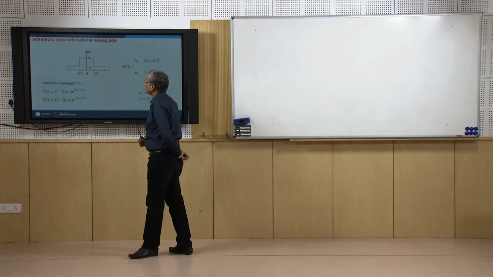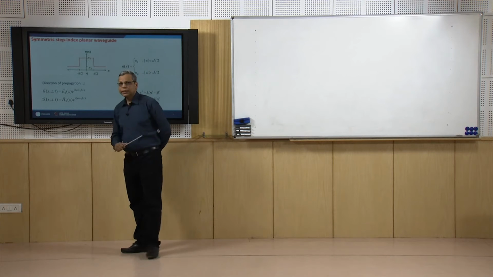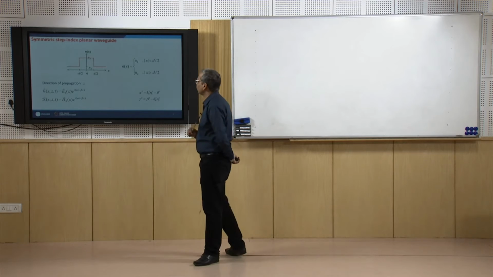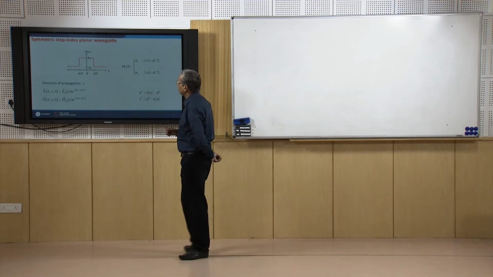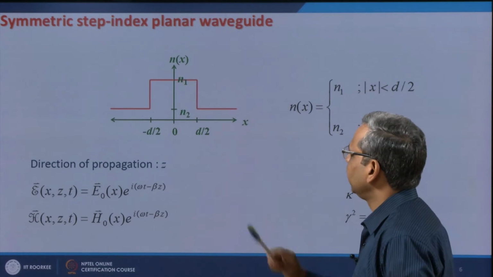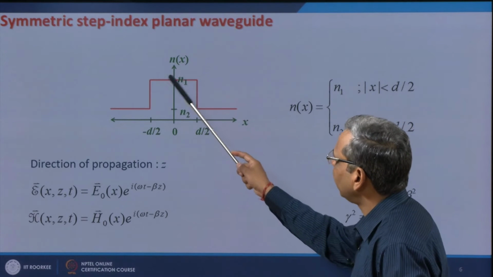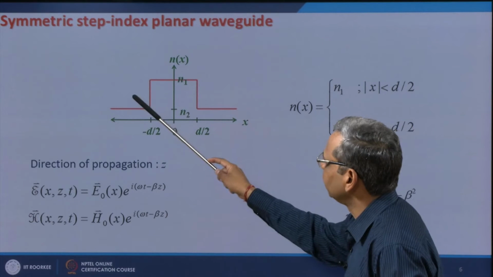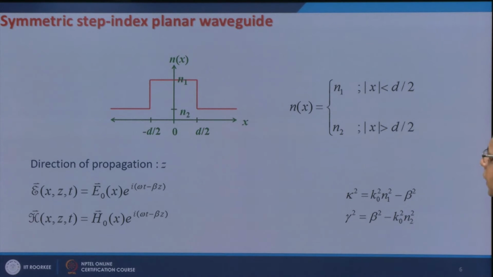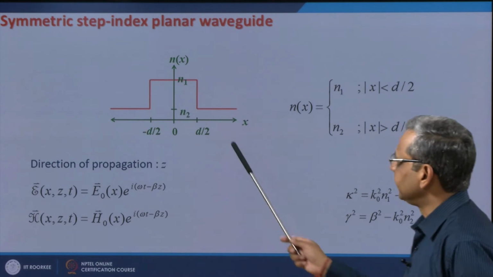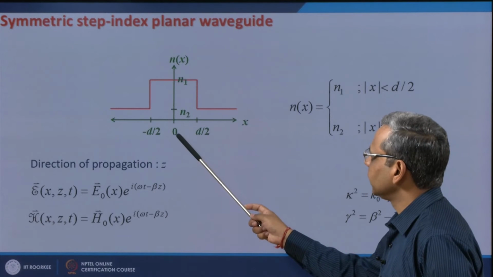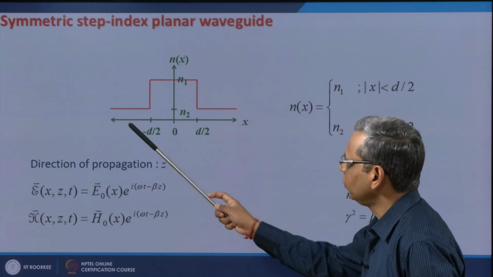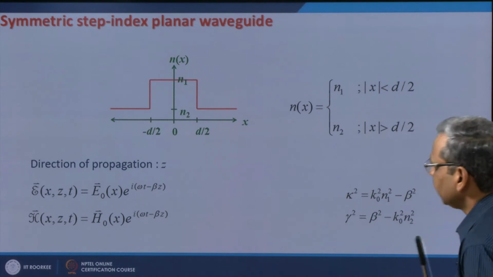Then we consider a symmetric step index planar dielectric waveguide, where the refractive index profile is like this. So, I have a high index layer sandwiched between two lower refractive index layers. The width of the high index layer is d, which extends from x equal to minus d by 2 to d by 2.